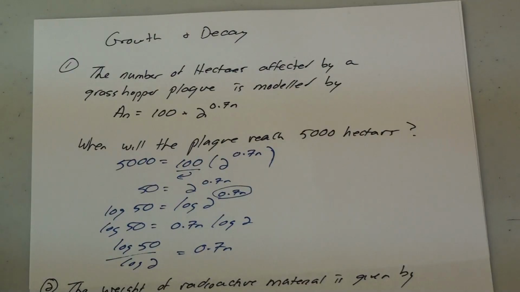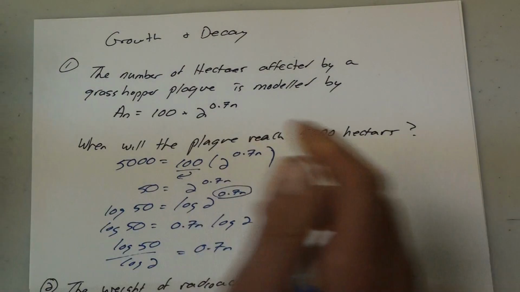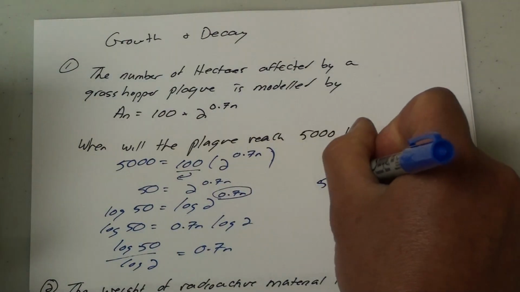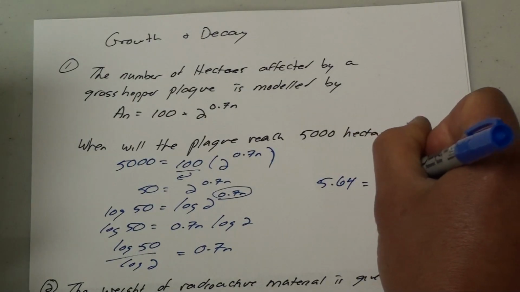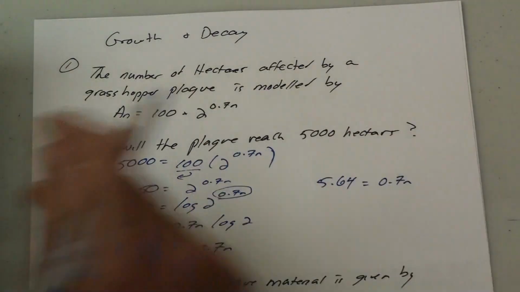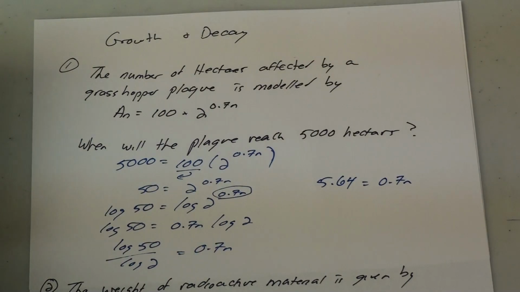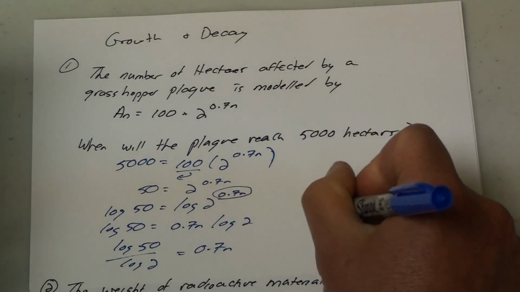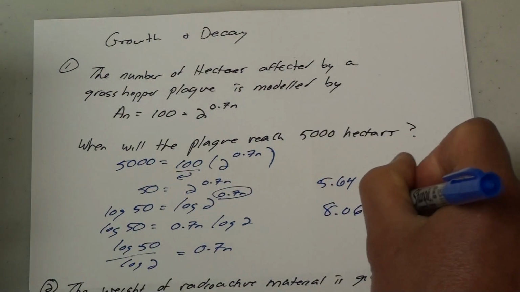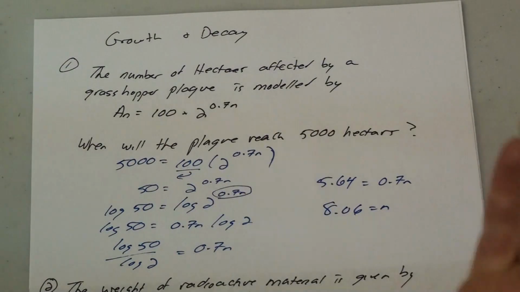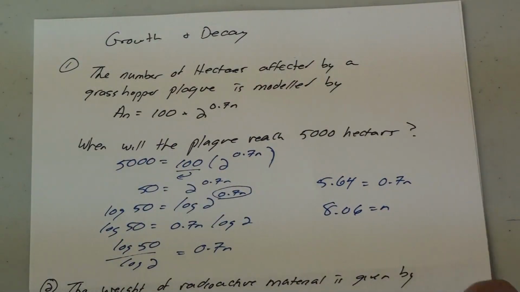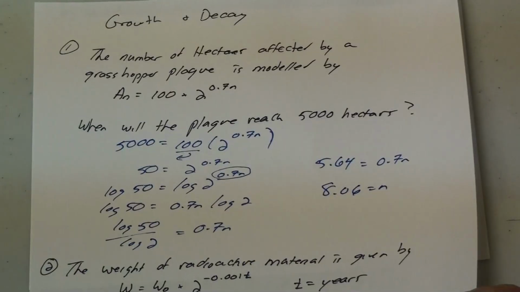Now you can put that in your calculator, and you're going to get 5.64 equals 0.7n. Divide by the 0.7, and you're going to get 8.06 equals n. That could be 8.06 days or 8.06 weeks, depending on whatever unit of measurement n is.